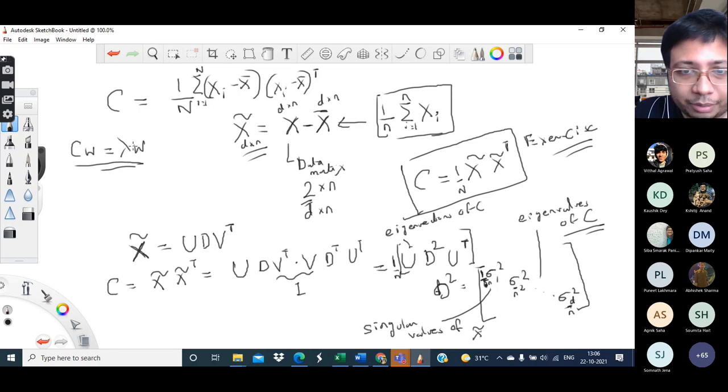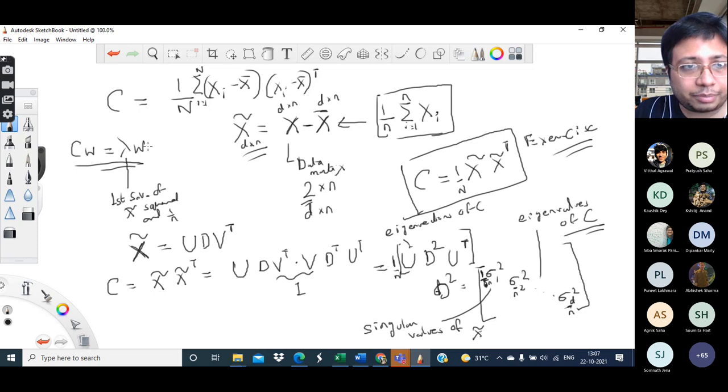And what are the w's then? The w are the eigenvectors of C, but as it turns out these are nothing but the left singular vectors of x tilde. So when I am trying to maximize the variance, this delta then is the largest, or the first, singular value of x tilde squared and divided by n.